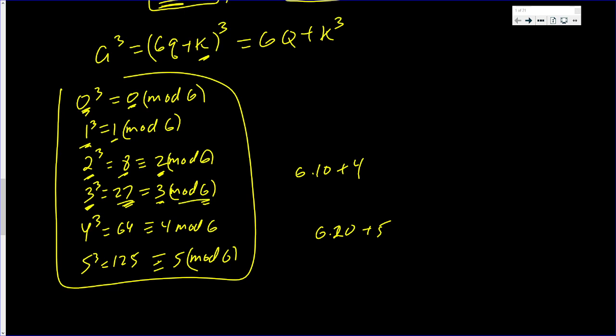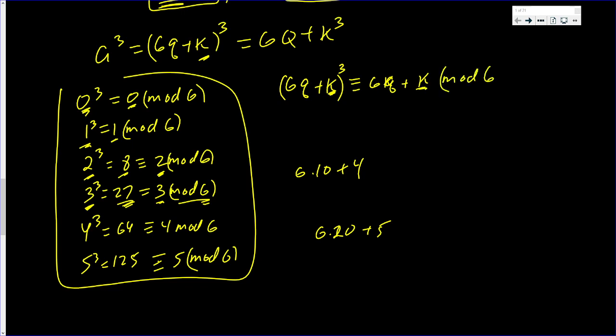So basically we got that 6 cubed plus k is congruent to 6 cubed plus k. That is, this cube is congruent to itself. No matter what k was, we got k back.